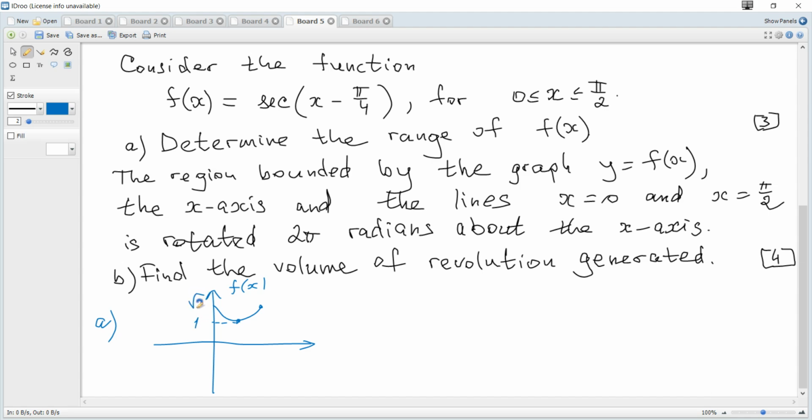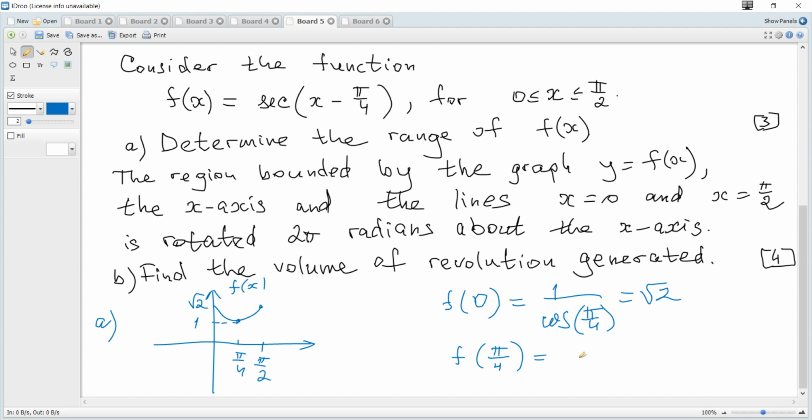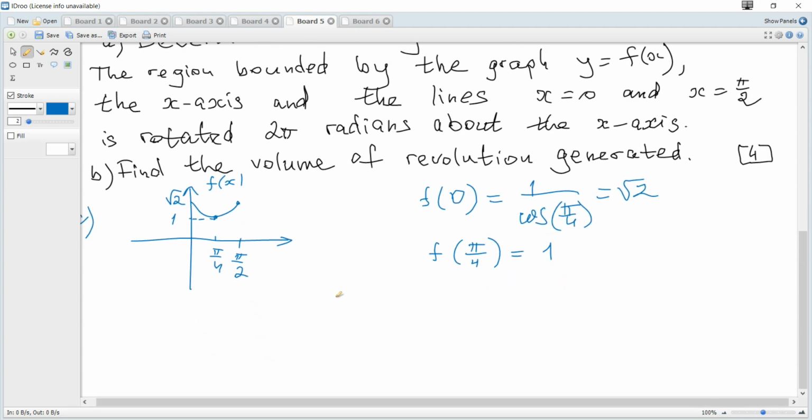It's 1, it's root 2, π/4, π/2, and we can show that f(0) is 1 over cosine of π/4, which is root 2, and f(π/4) is just 1. Hence the range of f(x) is greater than or equal to 1 and less than or equal to root 2.